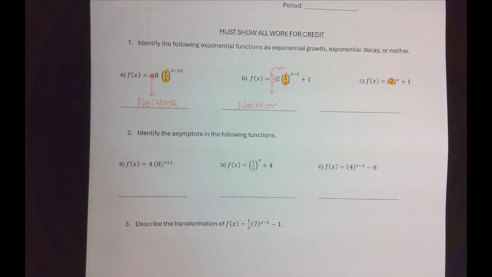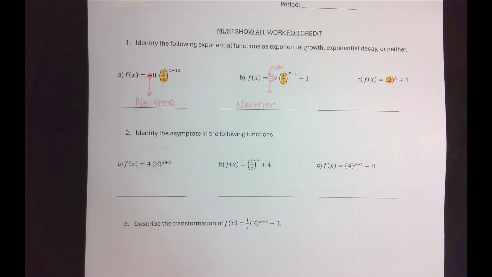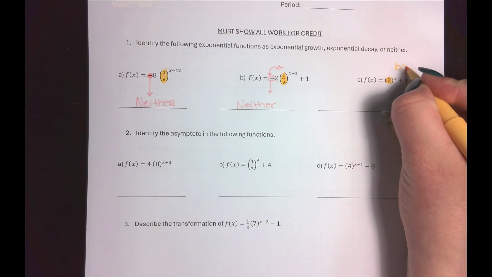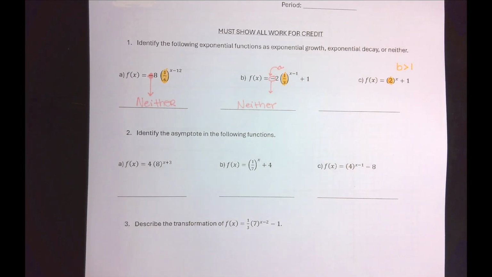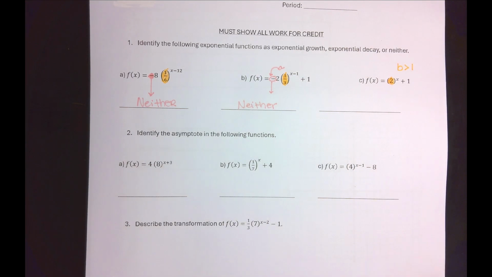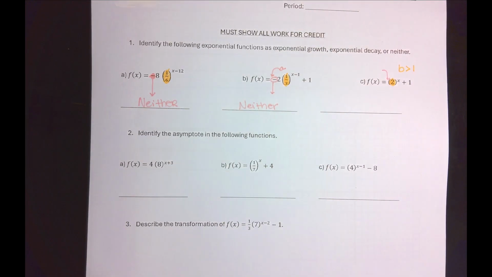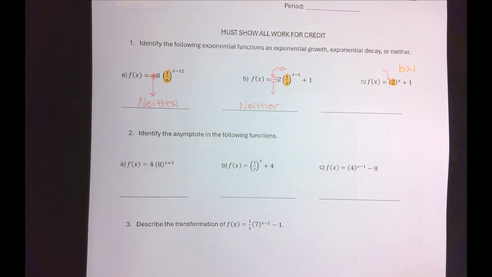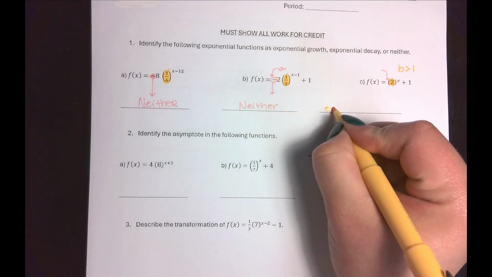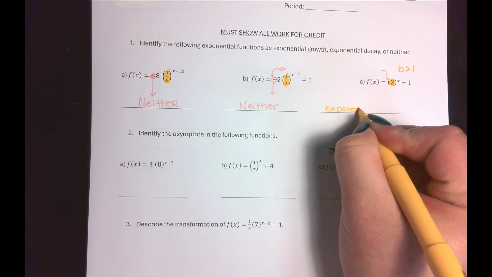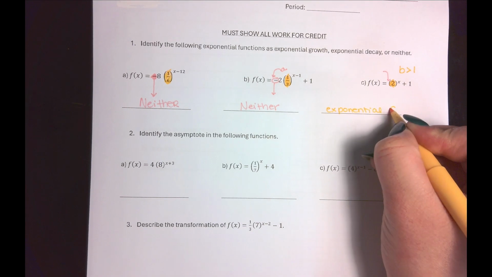And if I look at my B value, I see a 2. 2 is greater than 1, which would indicate a growth. Since there is no negative in front, A is not negative, that means that we have exponential growth.